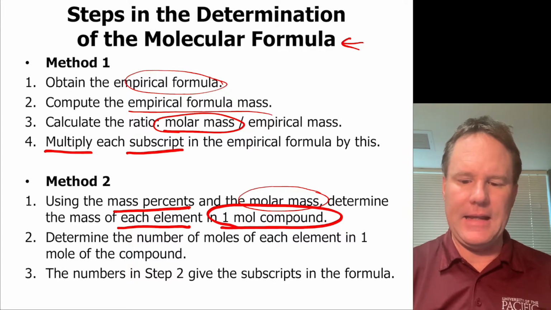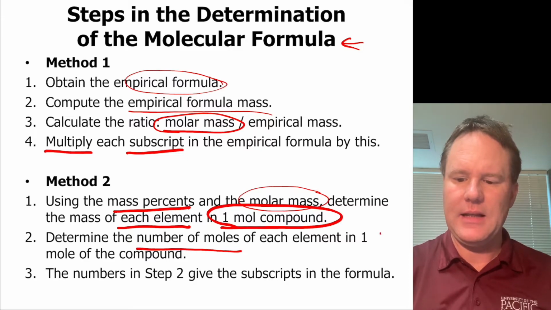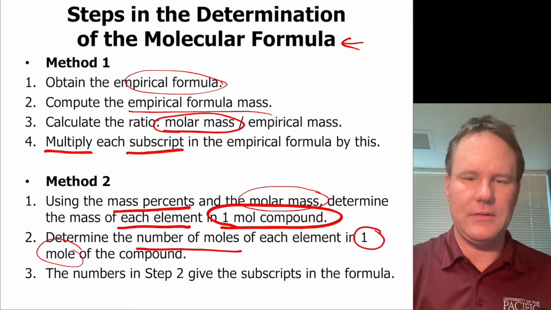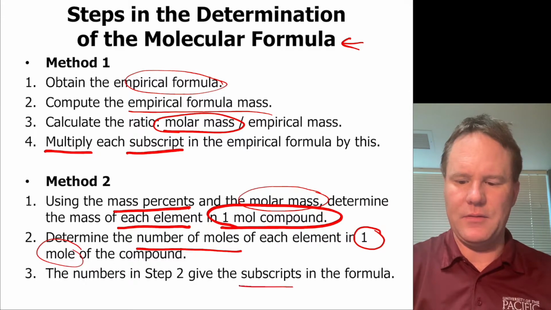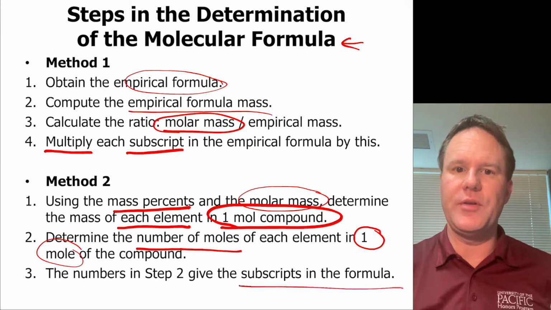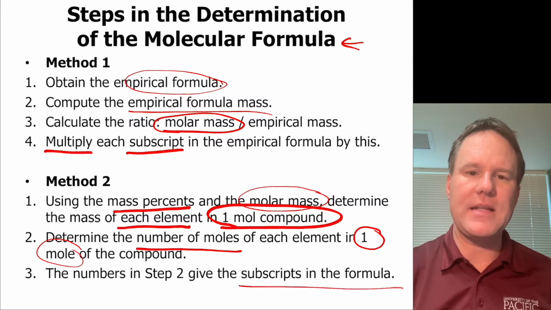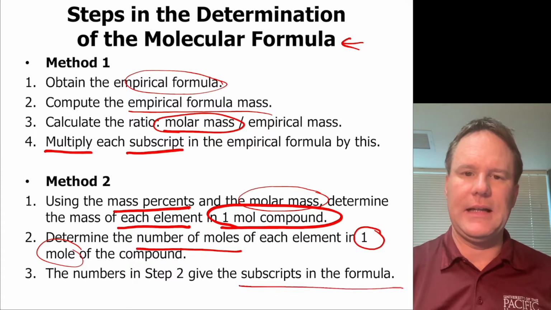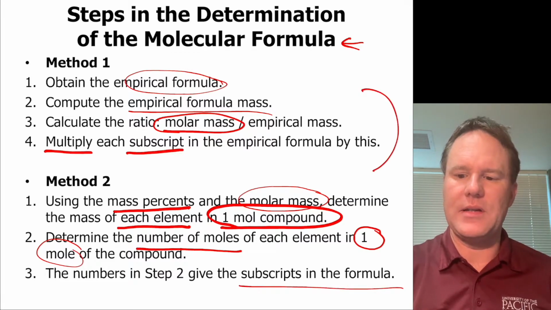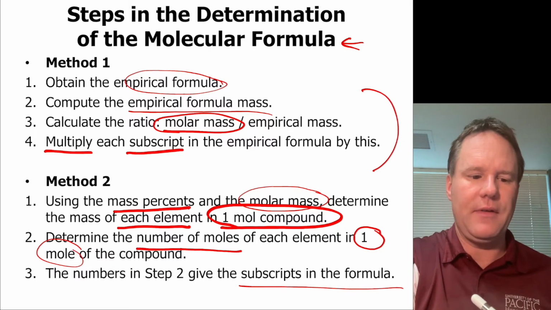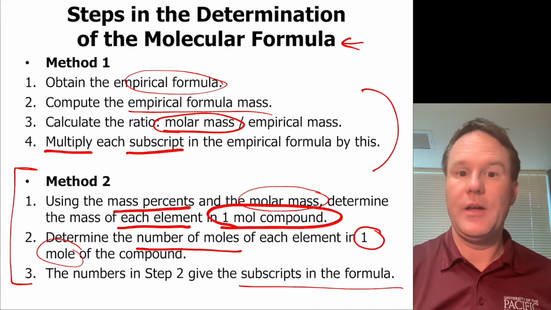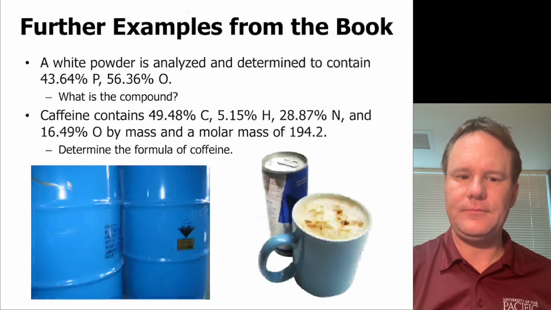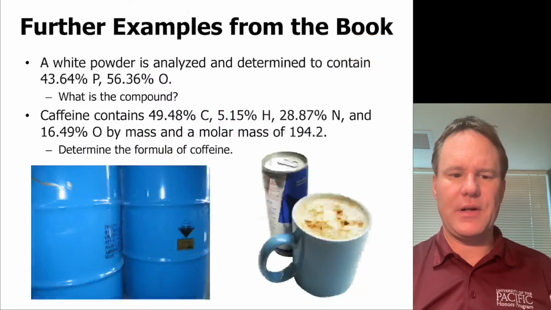Once you have the masses in 1 mole, you convert them to a number of moles for each element, and still we're talking about 1 mole of the compound, so this would directly give you the subscripts in the formula. Now, which one should you use? Well, it depends. If I'm asking for the empirical formula, then just do that and then do these extra steps. But if you want to do everything in 1 step and get the molecular formula, you can just as well do this. All right, let's see a few examples for this.